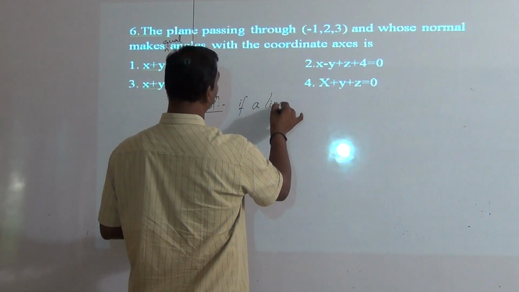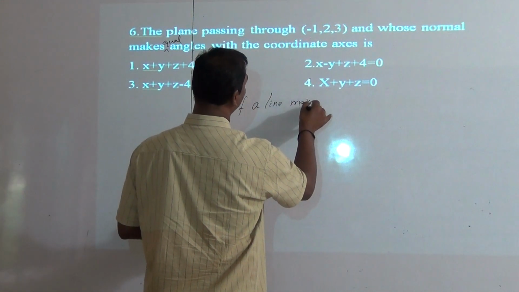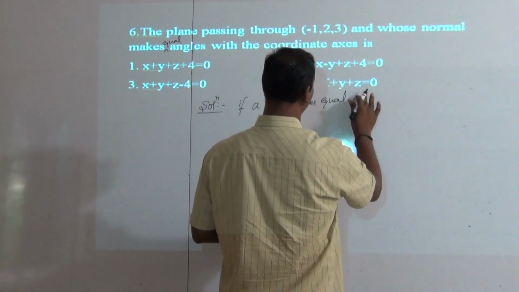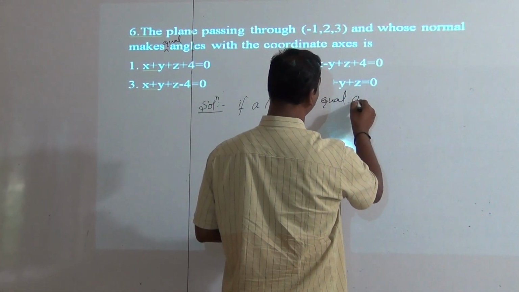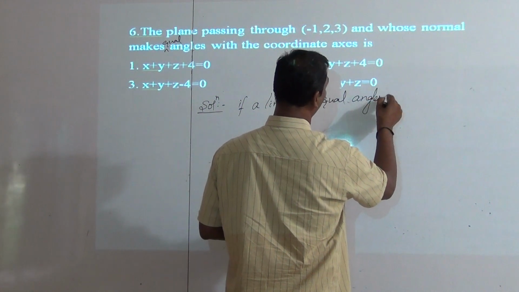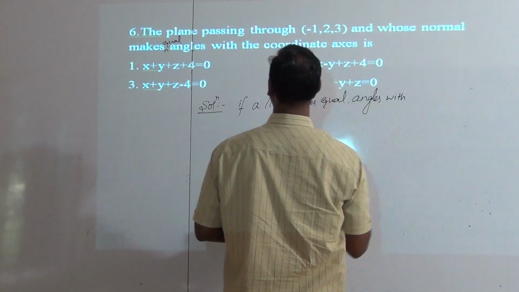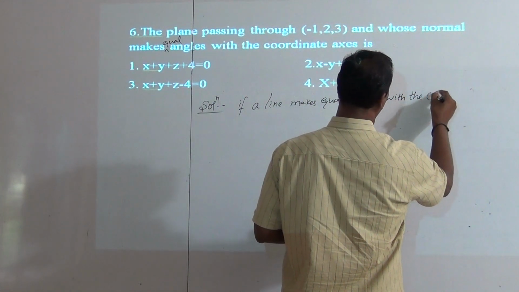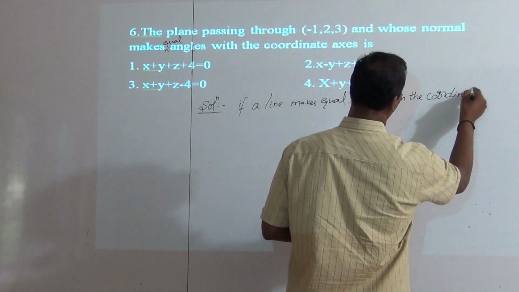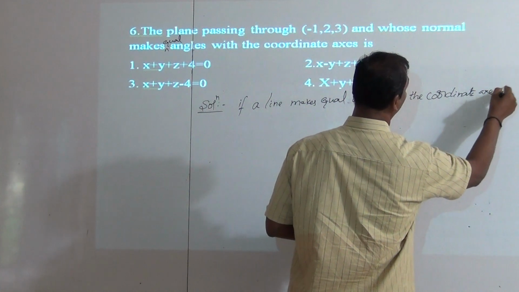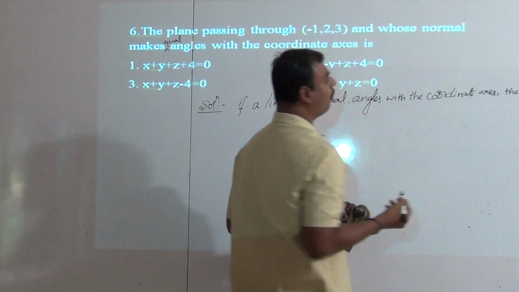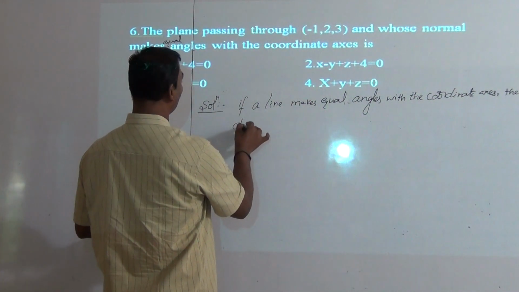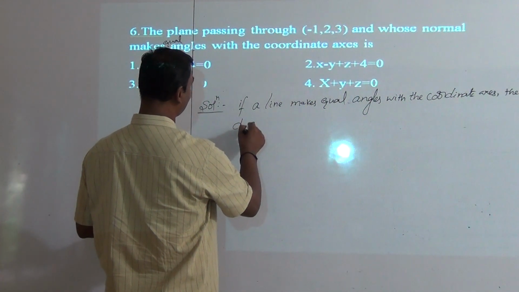If a line makes equal angles with the coordinate axes, then what are the direction ratios or the direction cosines?